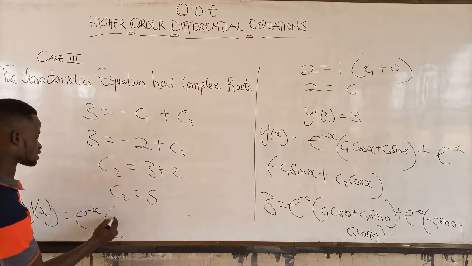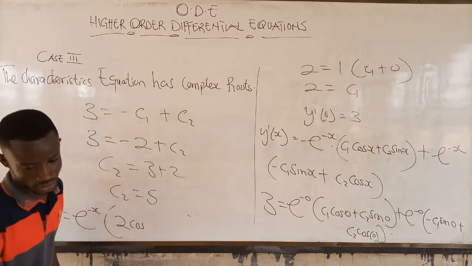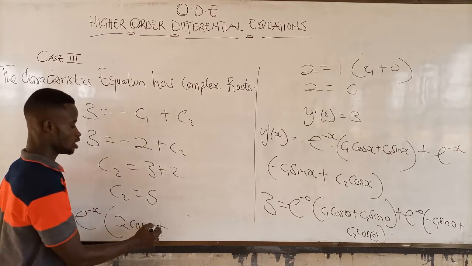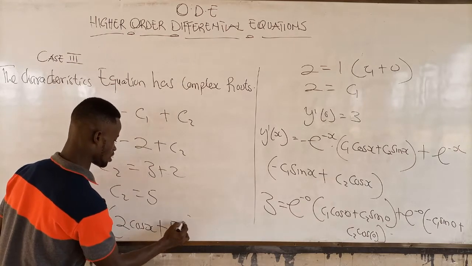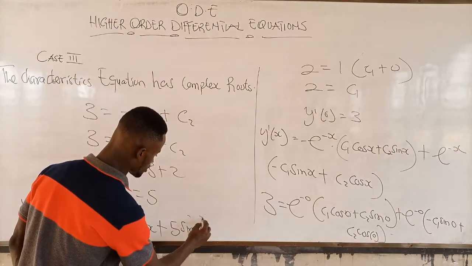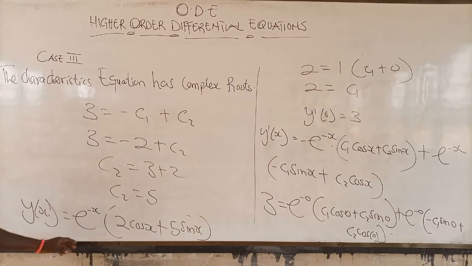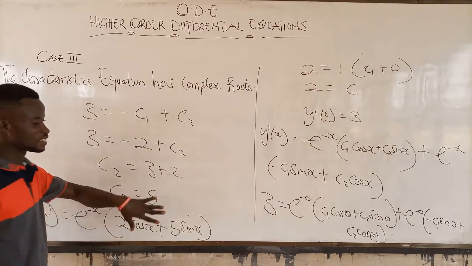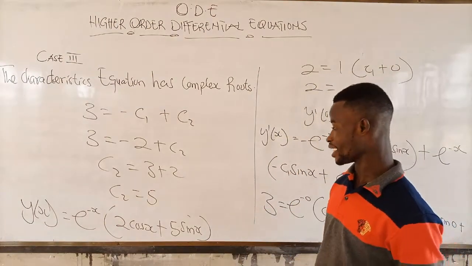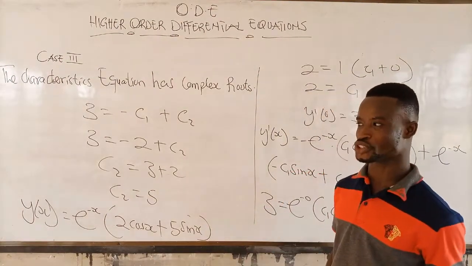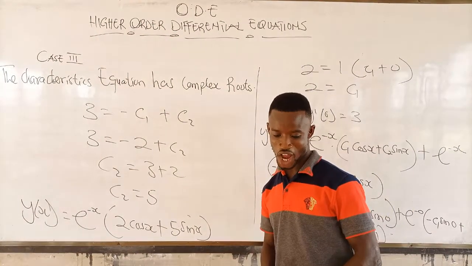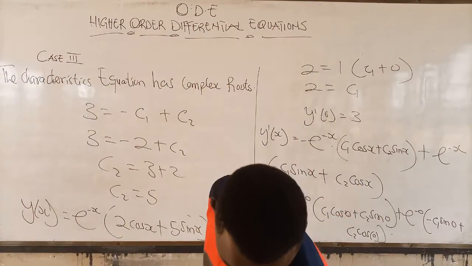So the C1 is now 2 cos x plus C2 is now 5 sin x. Alright? Very good. And that is all for that. So this is going to be the general solution. Then the other one is going to be the particular solution. And the other one is going to be the general solution. Alright. I hope it's clear.